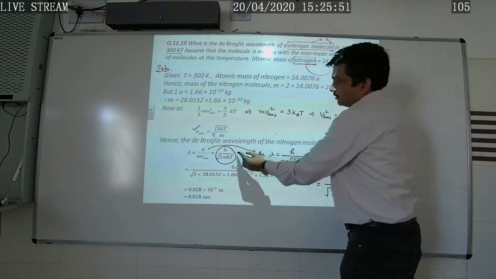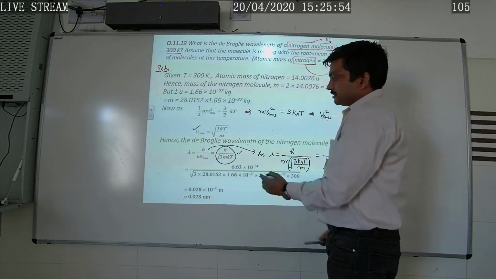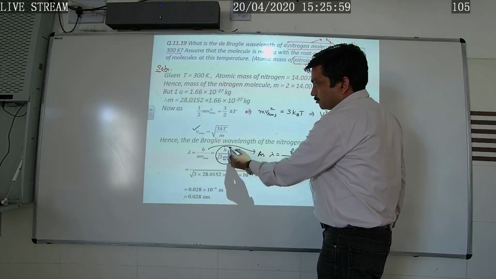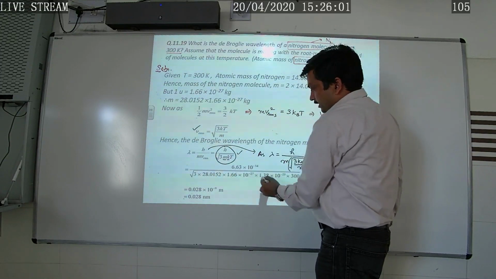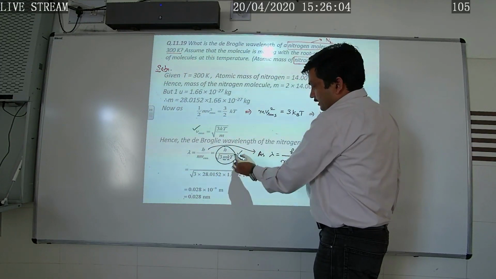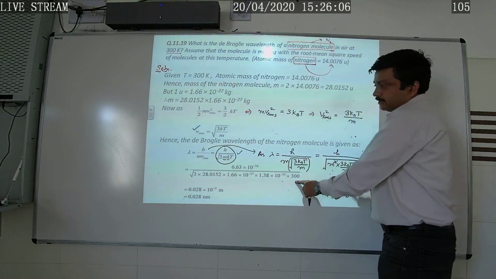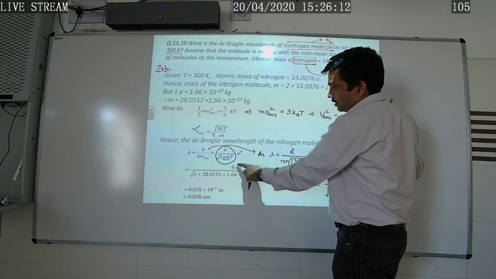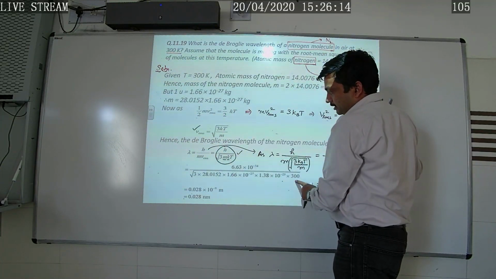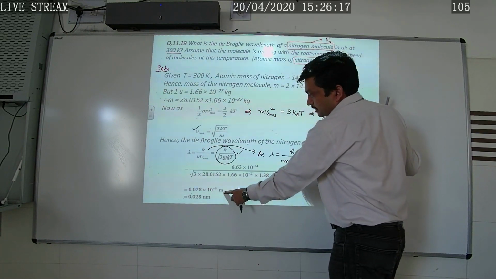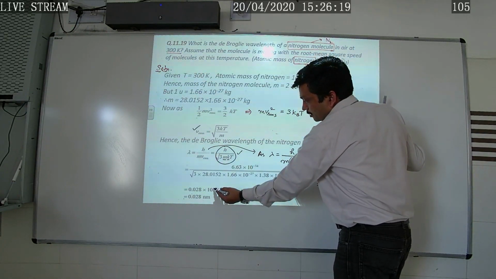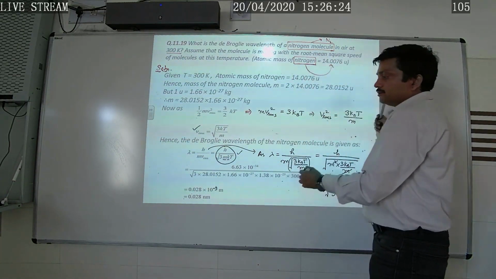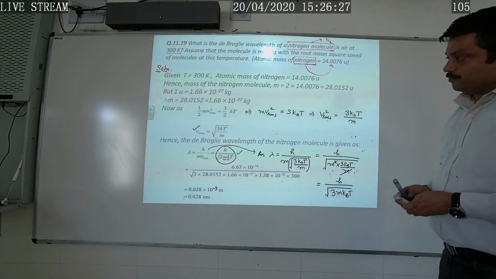Now putting in the values: m is the mass of the nitrogen molecule, kB is the Boltzmann constant, and T is the absolute temperature. After solving, we get an answer of the order of 10 to the power minus 9 meter. 10 to the power minus 9 means nanometer. In this way we got the de Broglie wavelength.